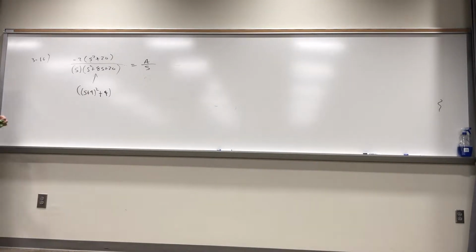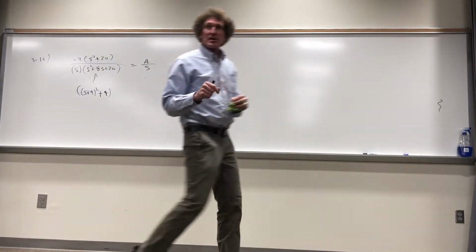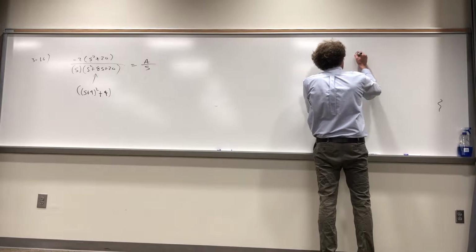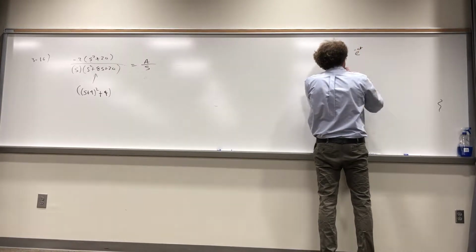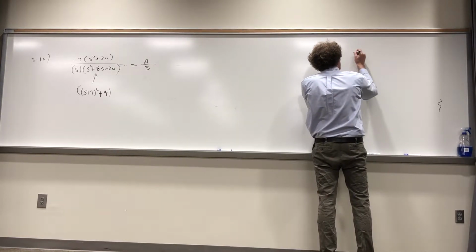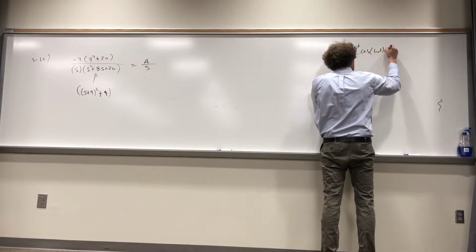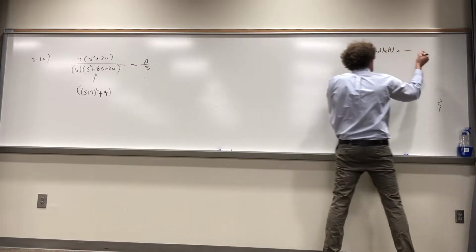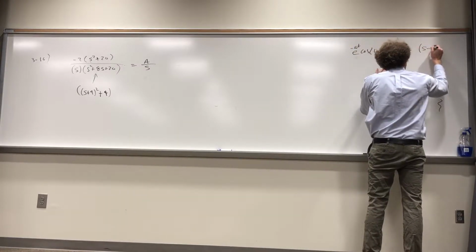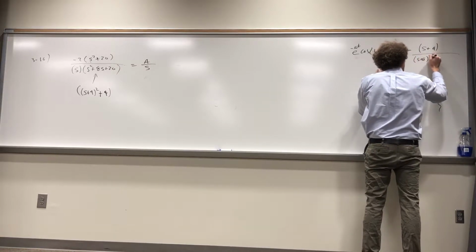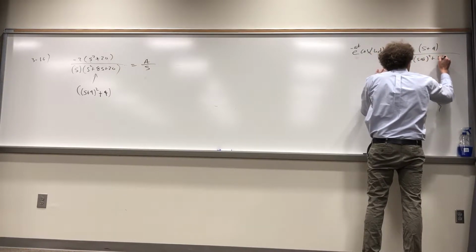I think of 2 basic Laplace transform pairs. One is, I know e to the minus at times cosine of omega naught t u of t goes to s plus a over s plus a squared plus omega naught squared.